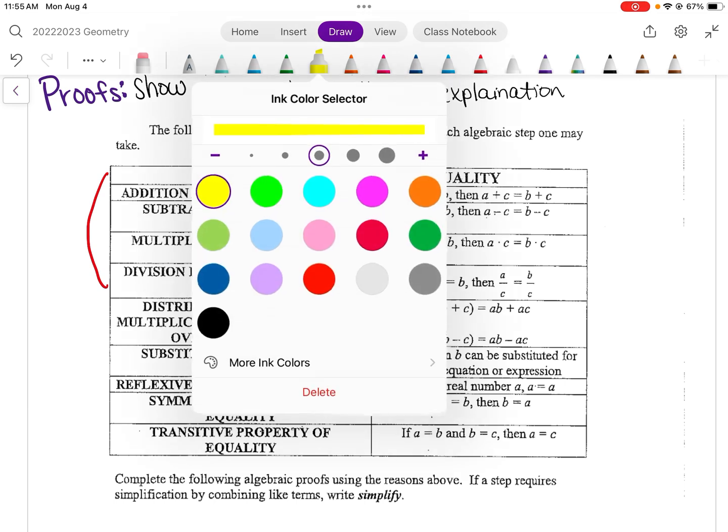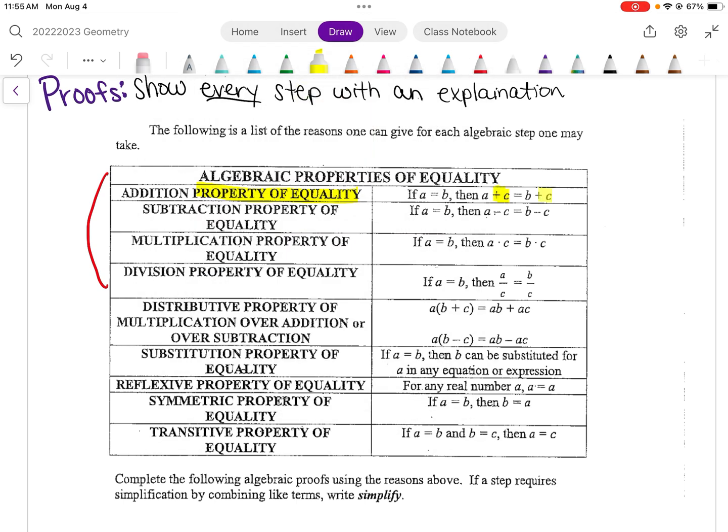So if A equals B, then A plus C equals B plus C. Notice they added something to both sides. In math, that's allowed. Whatever you do to one side, you have to do to the other. So if you add something to both sides, that's addition property of equality.